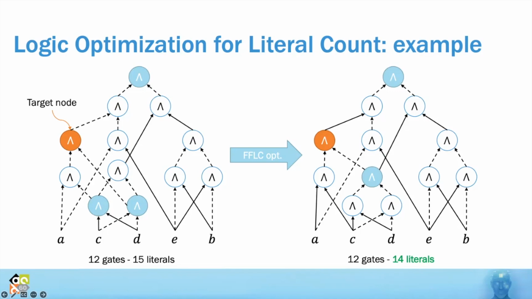Notice that the number of gates remains the same, hence this type of transformation cannot be found by traditional AIG optimization that is just based on size and depth. Moreover, if we go to technology mapping, the graph on the right has a 15% reduction in area.